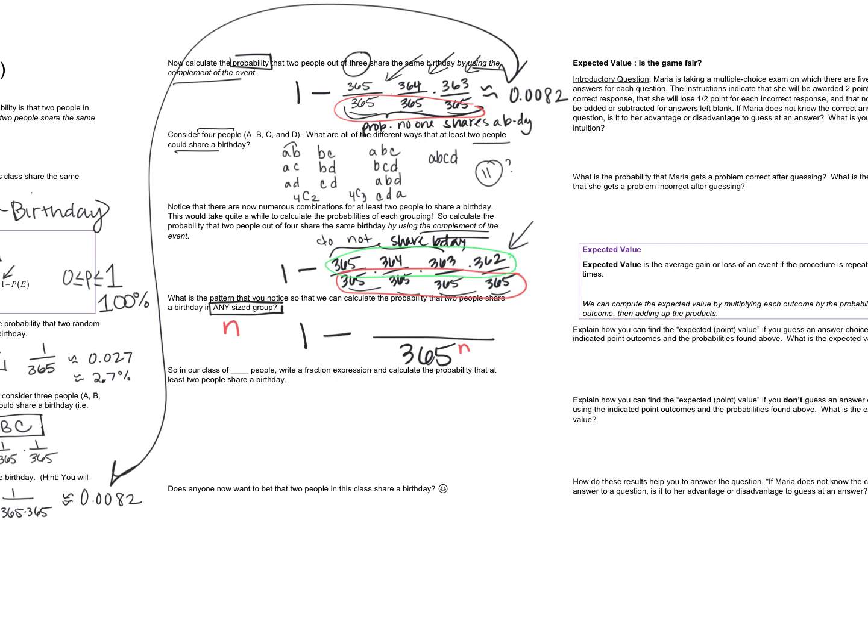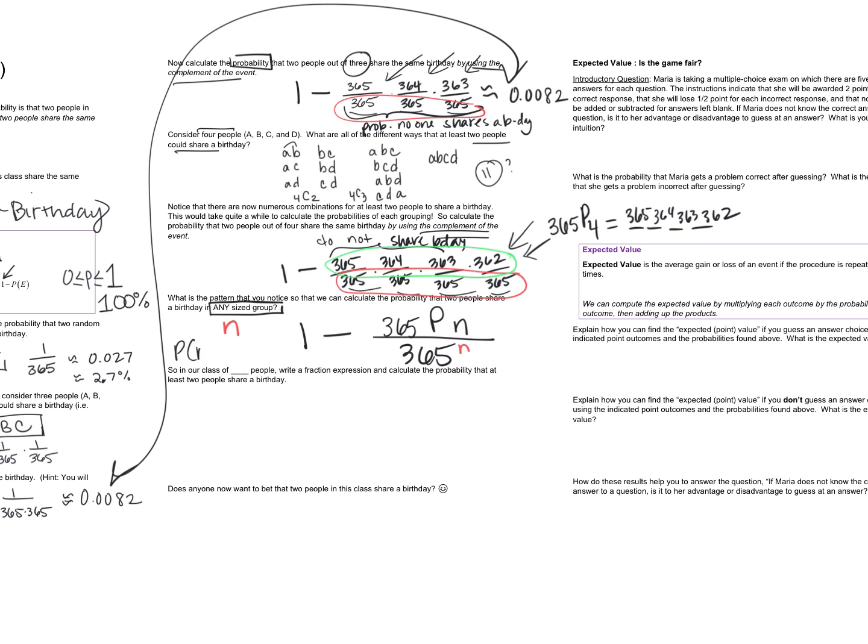It's kind of like factorial, but it stops. That should remind you of permutations. That is going to be 365 choose n, ordered, 365Pn. Remember 365P4 really means you're filling in 4 spots and counting down 365, 364, 363, 362. And so that's what's going to happen here.